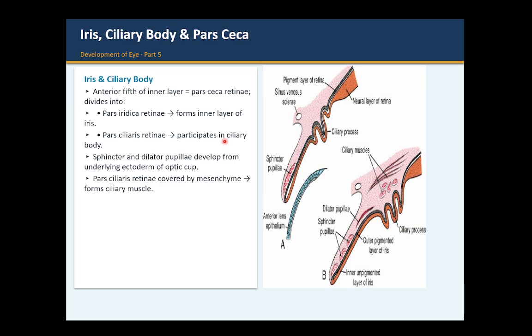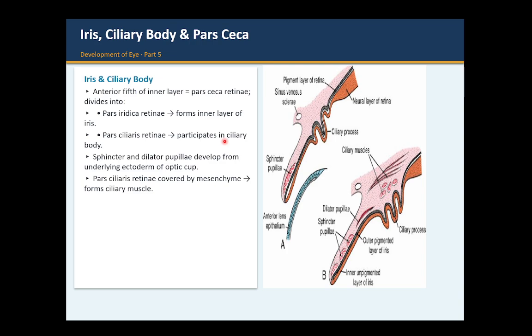So the inner layer of the retina is moving forward and participating in the formation of the iris and also the ciliary body.